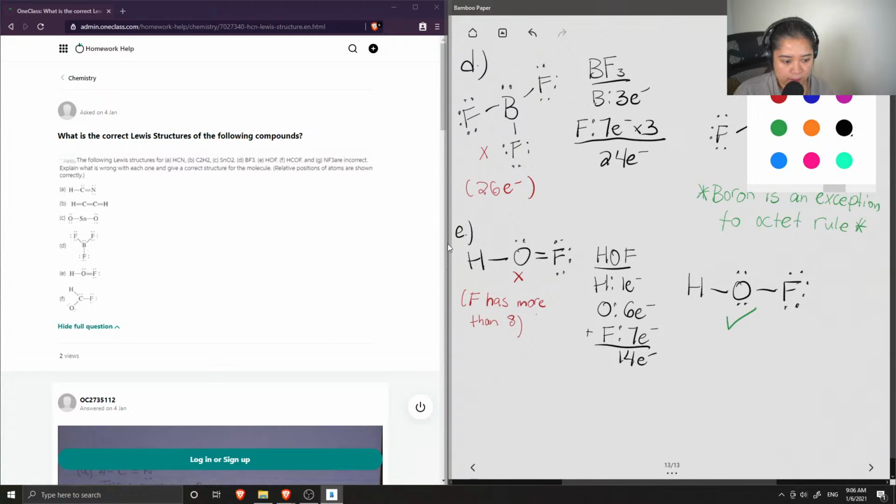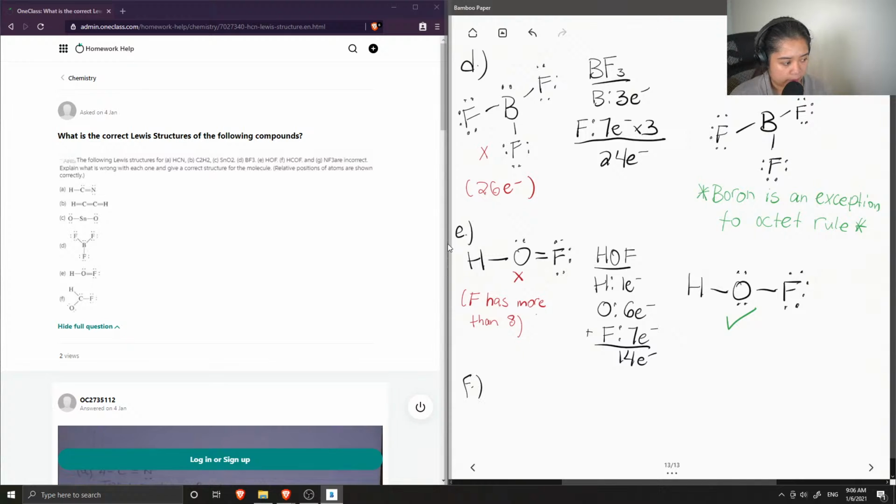And now let's look at the last molecule. And let's try to see how many lone valence electrons it should have.